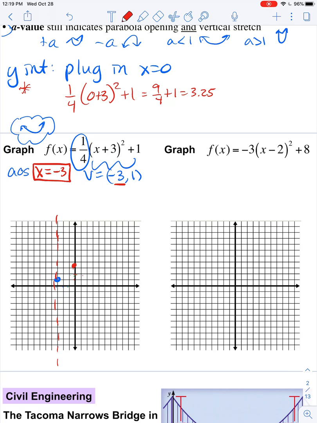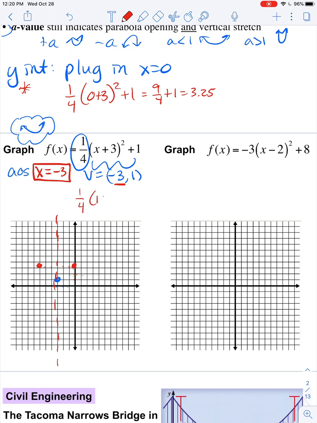And then what I like to do is utilize the fact that the line of symmetry is a line of symmetry. And if I'm at that height and 3 to the right, then 3 to the left, I'd be at that same height. So I'm starting to get some points that I can use in my parabola. And then you can kind of plug in whatever number you want. So let's say we tried plugging in a 1.